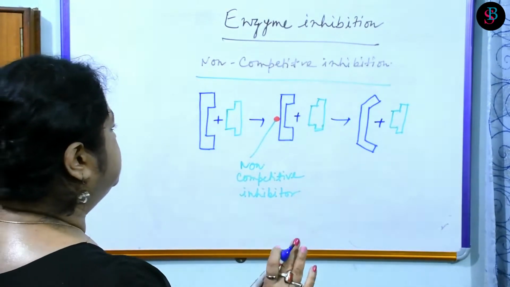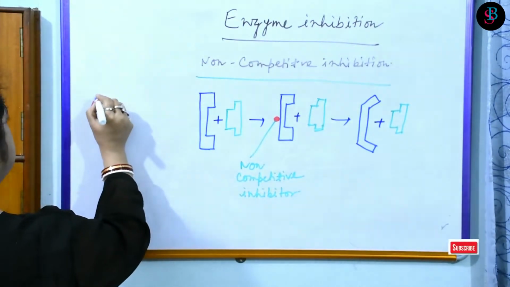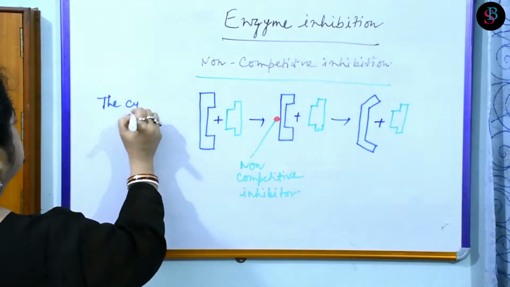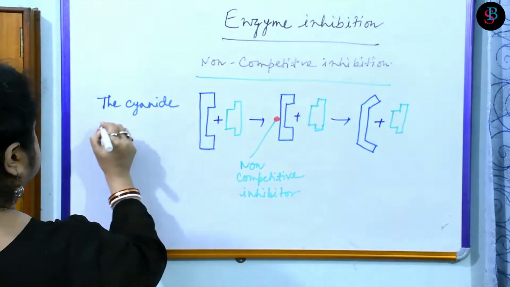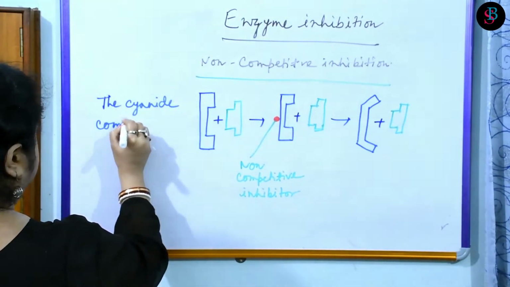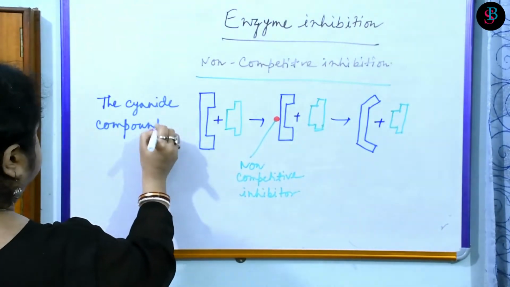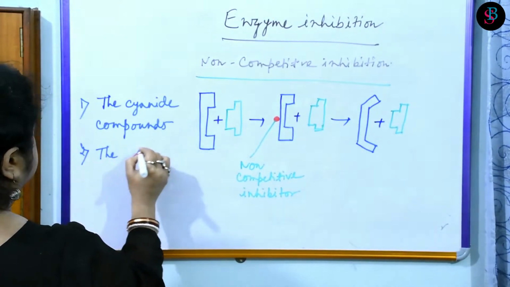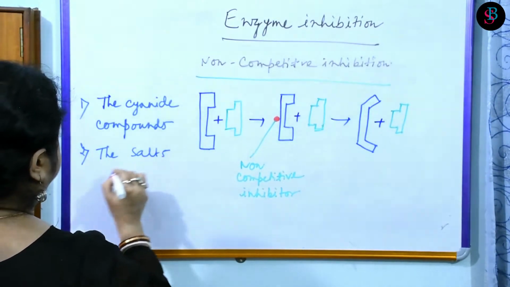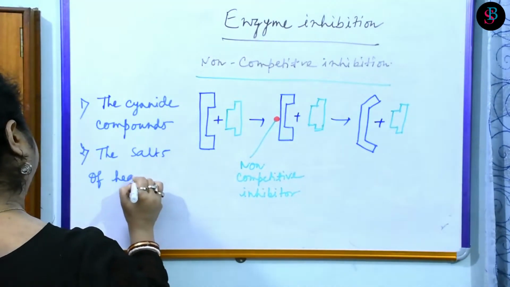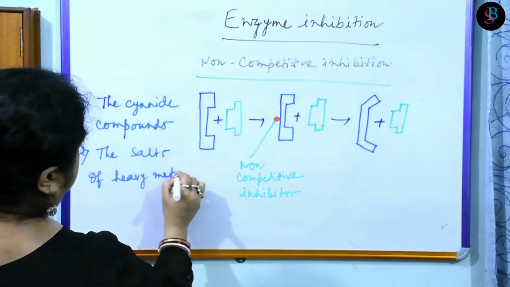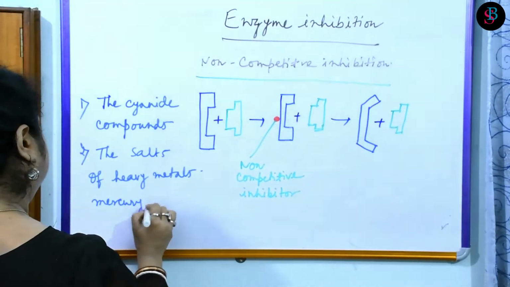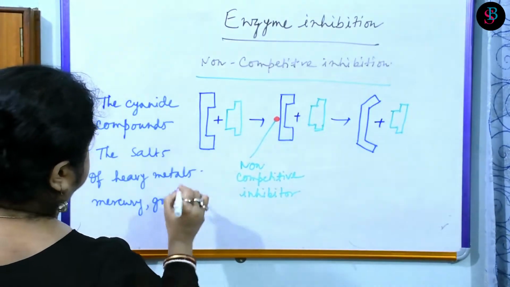Actually, first I am mentioning the list of the non-competitive inhibitors. Number 1, the cyanide compounds or cyanide salts, and number 2, the salts of heavy metals, like mercury, gold, etc.